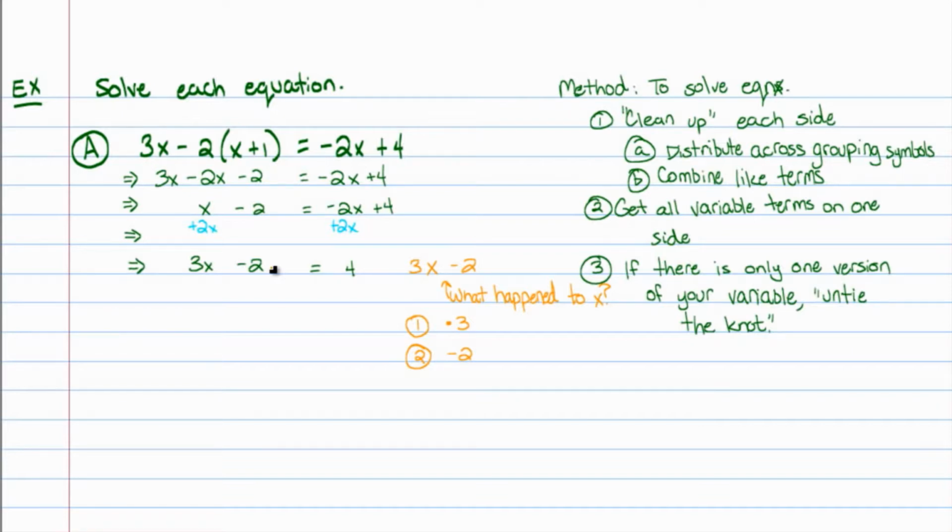The order of operations says do anything with addition or subtraction last. I like to stick with one thought process throughout an entire course if I can, and my thought process is the order of operations. Well, somebody had to follow the order of operations to hide this x from you, so what they did is they multiplied it by 3 and then they subtracted 2.